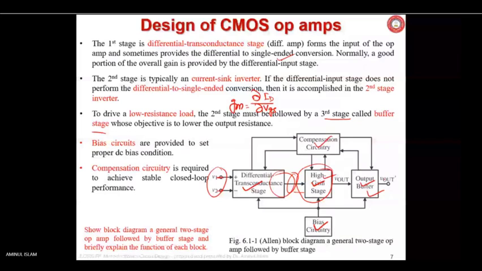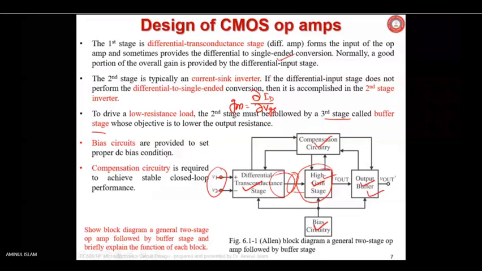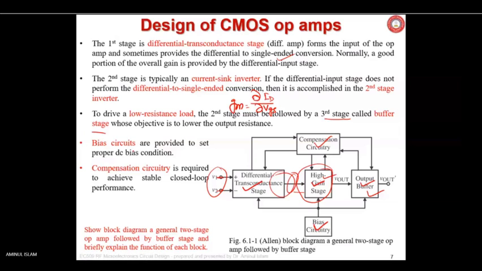This is the buffer stage whose output resistance is very low, so that it can drive a low resistance load. Bias circuits are provided to set proper DC bias for the condition.